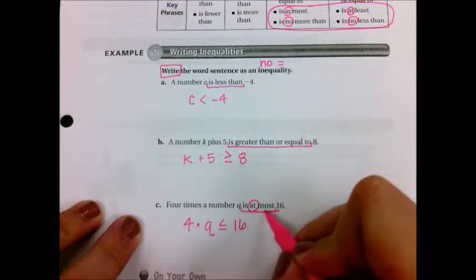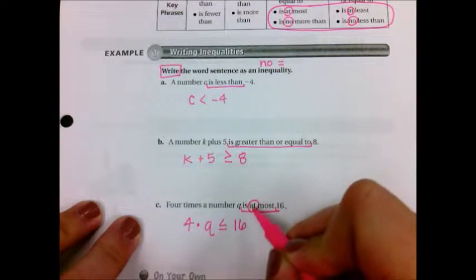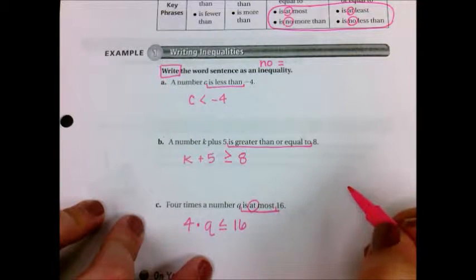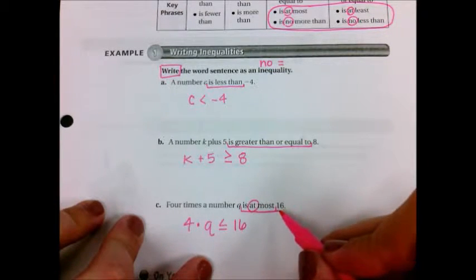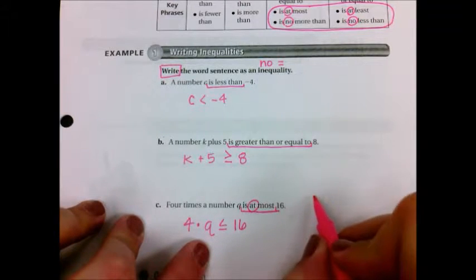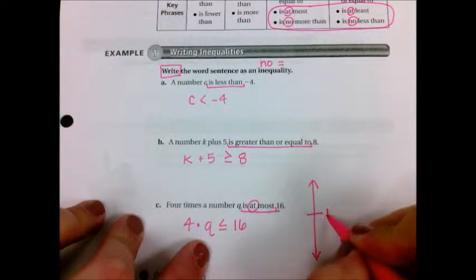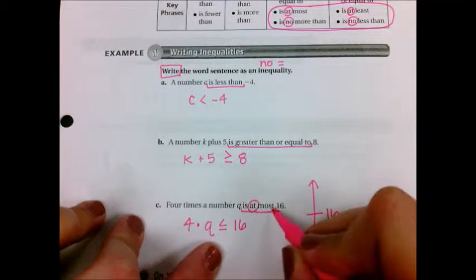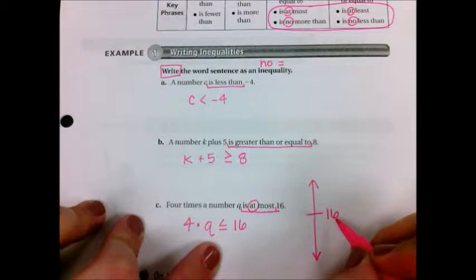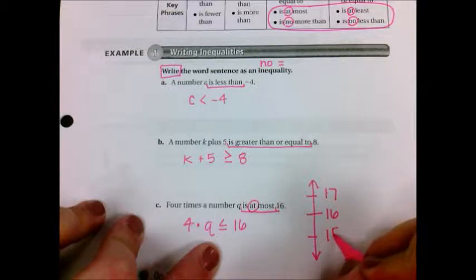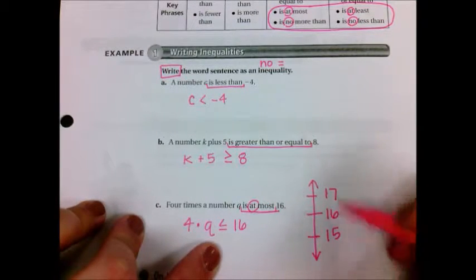We talked about most and more. That would kind of make us think we should use the greater than sign, but at is our flag word that this is one of the ones that's different. And I'll give an example over here. In this problem, 4 times Q, if I put a number line going up and down, the most it can be, at most, is 16. So if I put 17 up here and 15 down here, I want to think about, well, which one can I have?